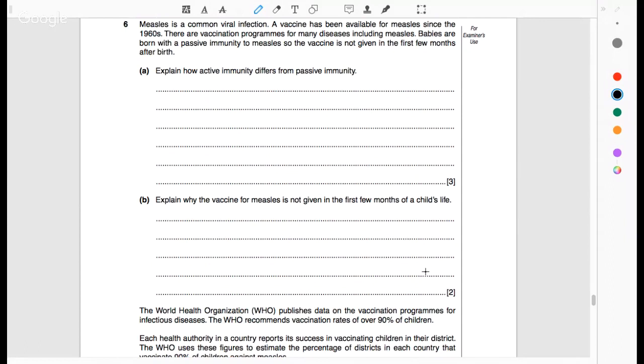Okay, a bit of a trickier question. Explain why the vaccine... Okay. So, because the child receives or already has antibodies from the mother gained by natural passive immunity.